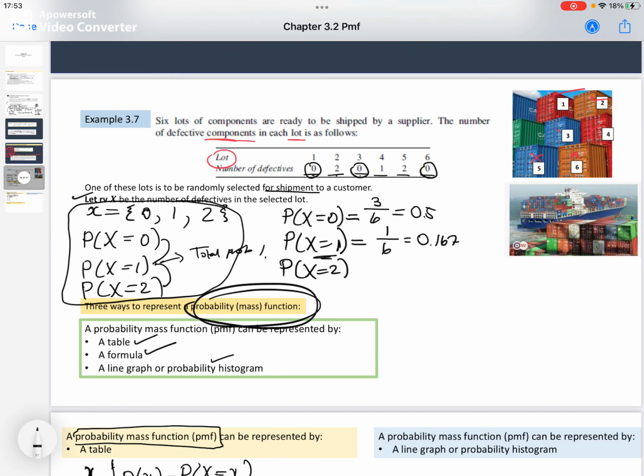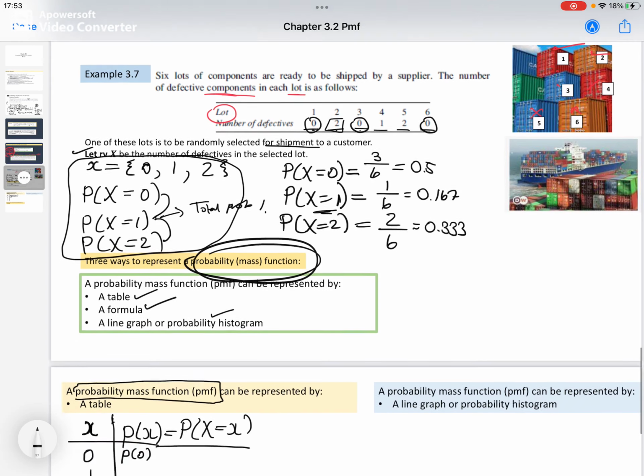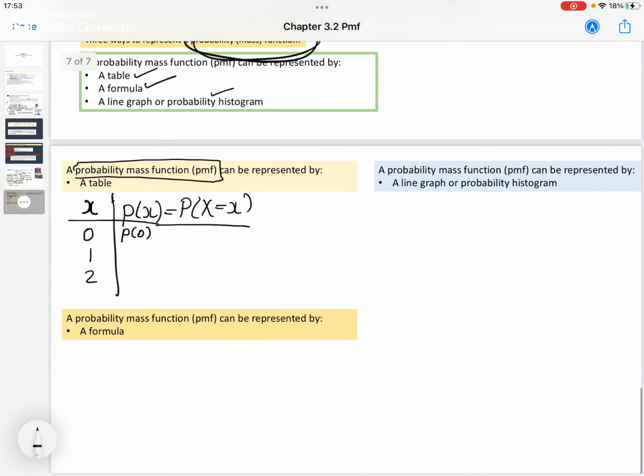And then the probability that x is equal to 2, that is the probability of having 2 defectives in a container. We see that out of 6 times, the number of times we observe that is 2. So we have 2 divided by 6, which is approximately 0.333. That is the probability. Now we will complete this table and represent our PMF using a table.